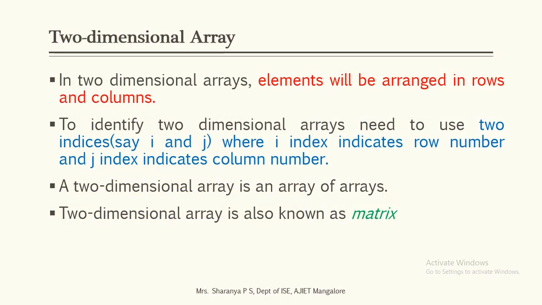What is meant by a two-dimensional array? An array is a collection of elements of the same data type. Suppose we want to store a lot of elements together, in such situations we will be using arrays.